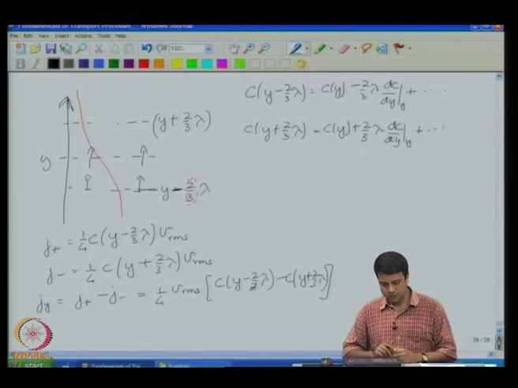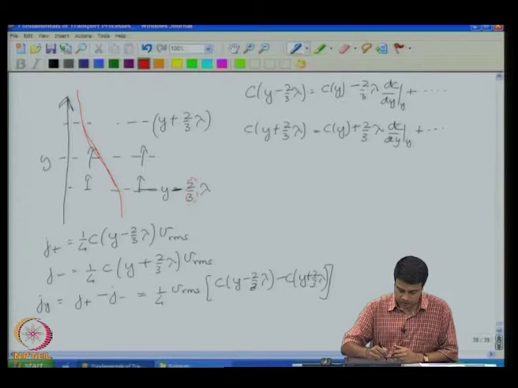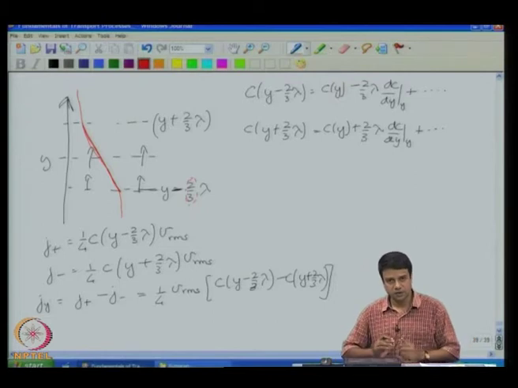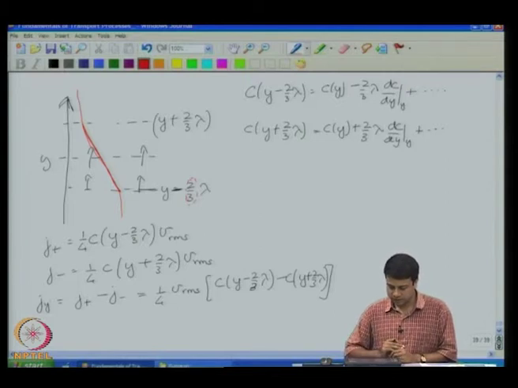So, locally, over distances comparable to the mean free path, we assume that the concentration field is approximately linear, since the variations in concentration take place over much larger distances. Then we can use this Taylor series expansion.